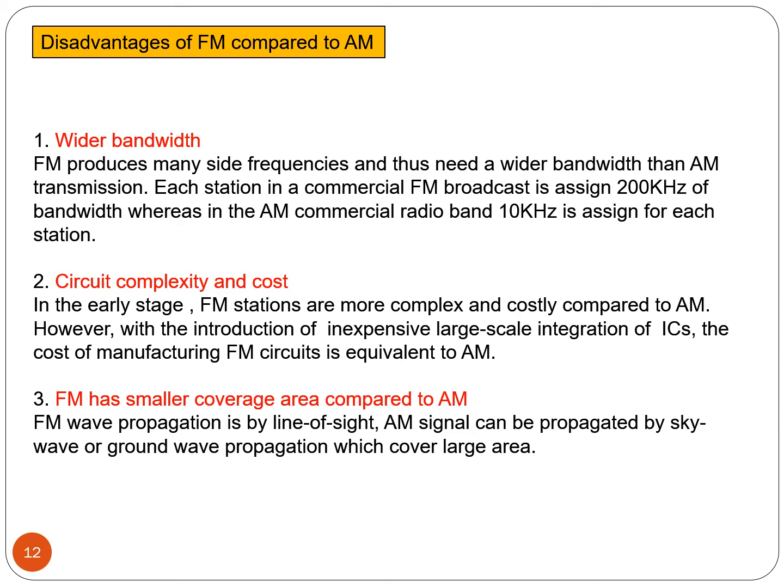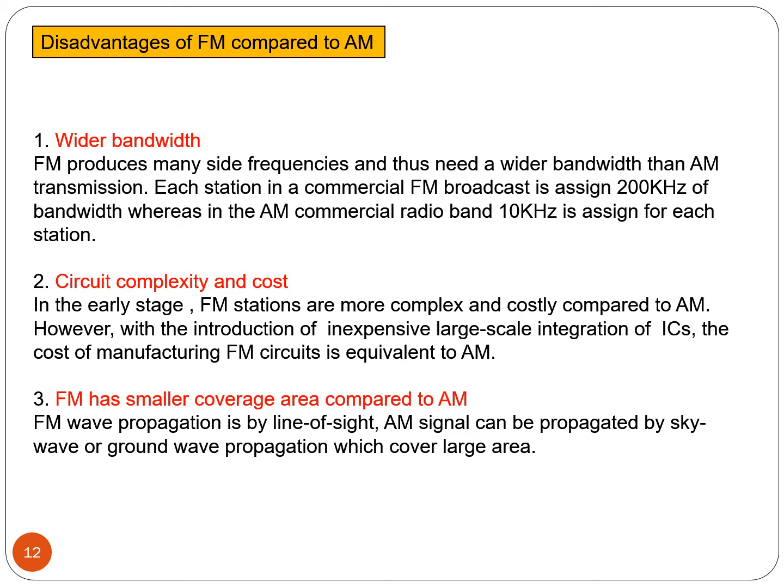However, FM has several disadvantages as compared to AM. The first one is FM requires wider bandwidth for transmission. This is because FM produces many side frequencies during transmission. Number 2, FM stations are more complex and costly as compared to AM.